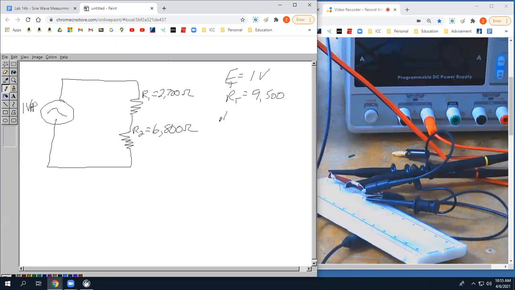And we just calculated our total current is, what was it? 105. So the current to resistor 1 equals 0.000105 amps. The current at R2 is 0.000105 amps.